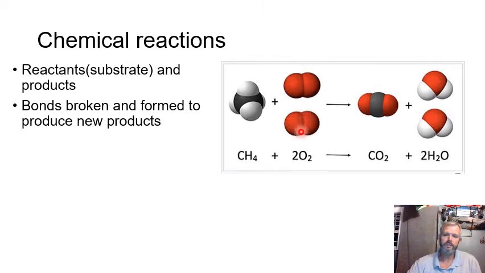They're going to equally share those electrons, so this is a non-polar molecule. Okay, but let's look at what's happening in a chemical reaction. Look on this side, we got 1 carbon, 4 hydrogens, and we got basically 2 times 2, so we have 4 oxygen atoms.